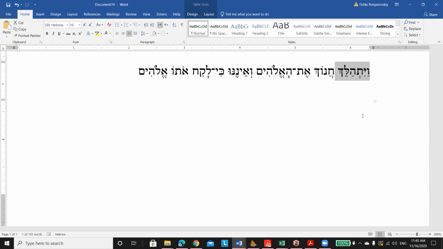What is the root? Halach, to go. The difference between Kal and Hithpael in this case is that Hithpael with the word halach means to go back and forth. It's like just walking.